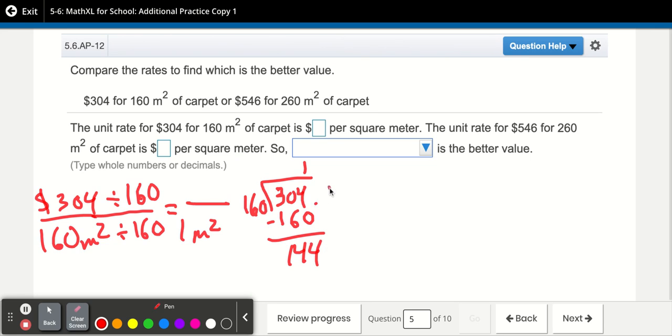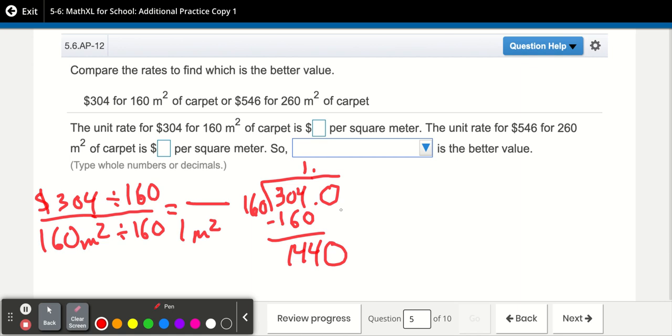Oh, that's not going to work. So we need to start going down into the decimals there. And you know what? We drop that 0 down. So now it's like, okay, how many times does 160 go into 1,440? Well, both got zeros. So what we're asking is how many times does 16 go into 144? Take a moment to think about that.